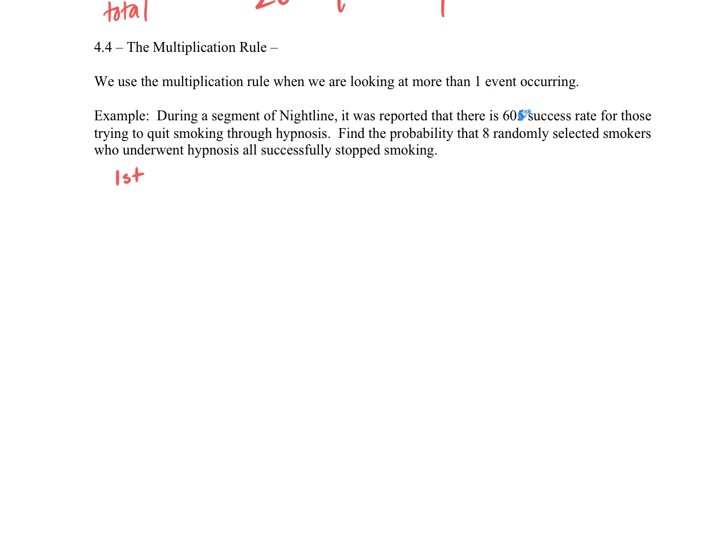So what is the probability the first person quits? 60%. Then I'm going to multiply by the probability the second person quits, which is also 60%.